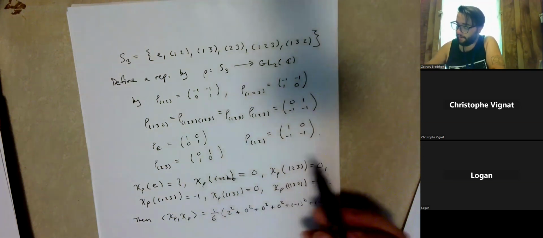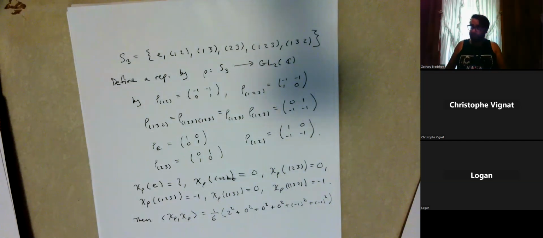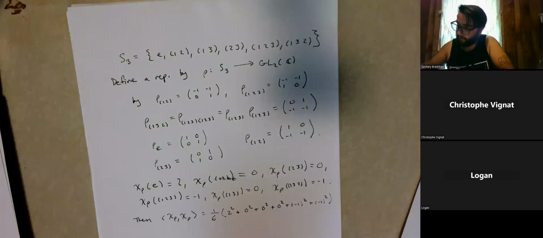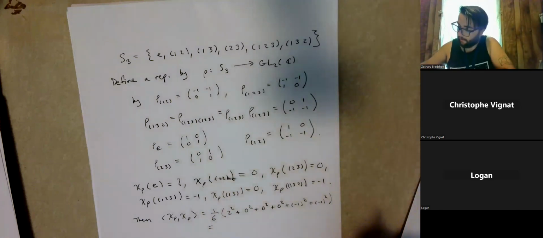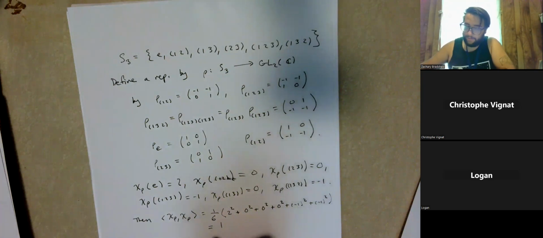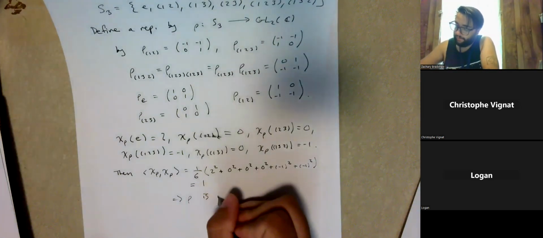So these are the squares of the characters of each of the elements. Okay, and this comes out to exactly 1. And so that implies that rho is irreducible.